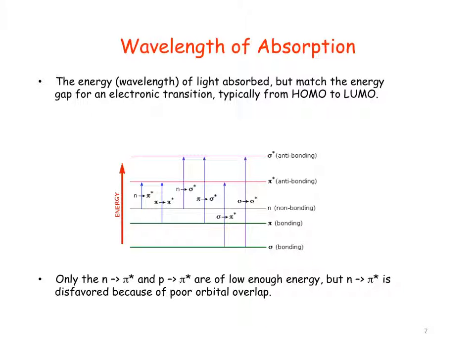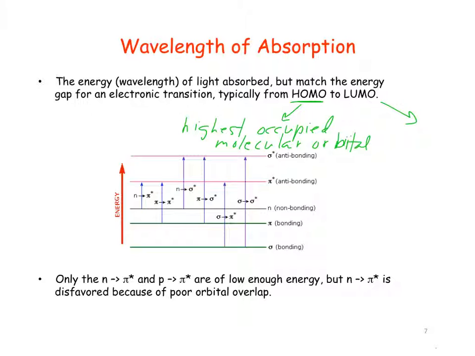Usually it gets bumped from what we call the HOMO, which is the highest occupied molecular orbital, to the LUMO, which is the lowest unoccupied molecular orbital.